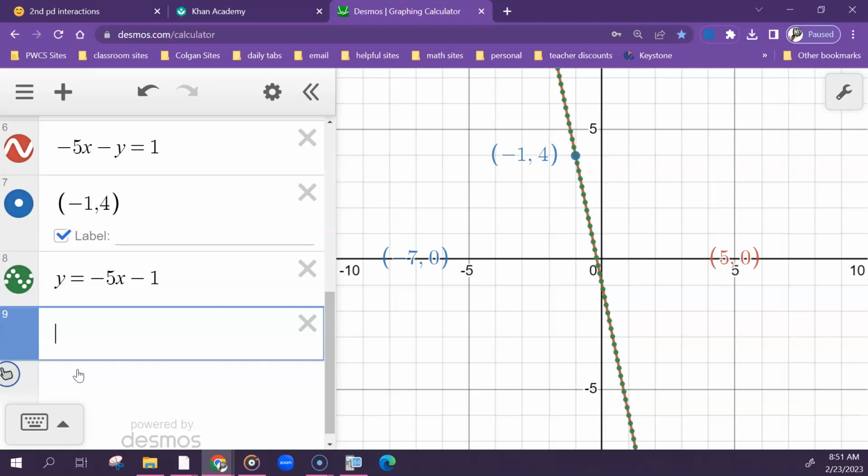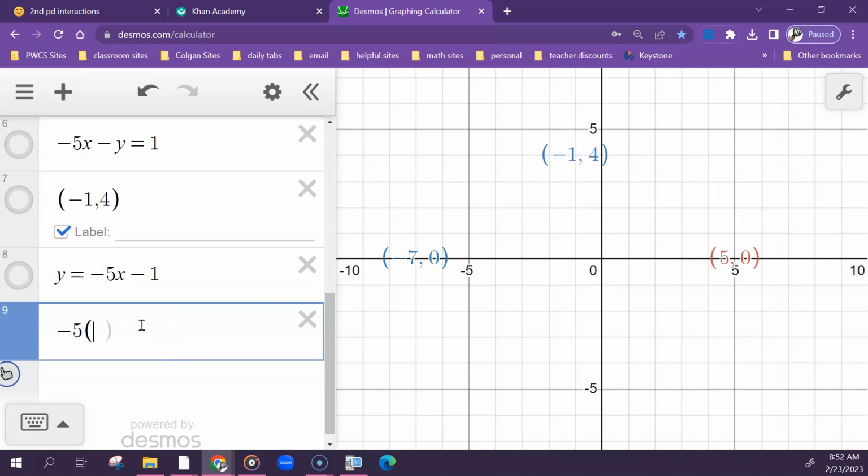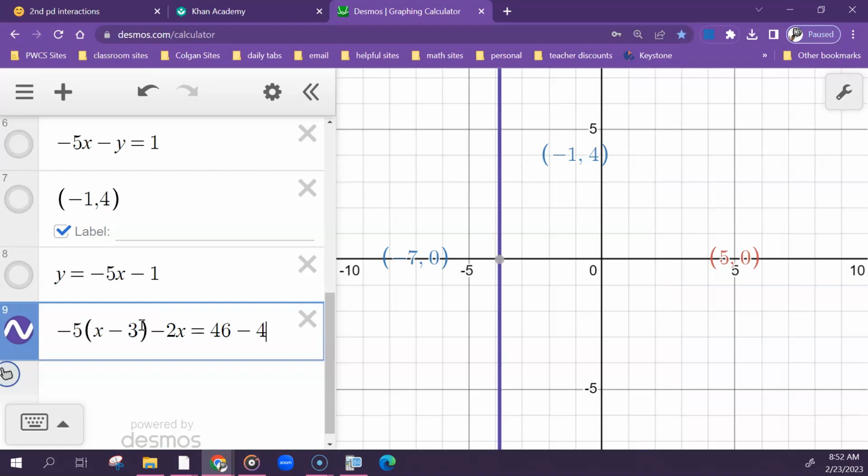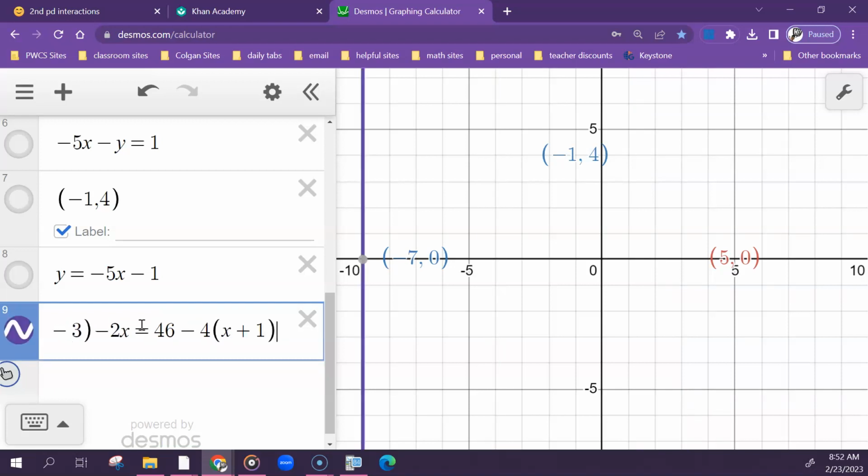And then I'm going to type this over here. Let's do this also. x minus 3 minus 2x equals 46 minus 4x plus 1.